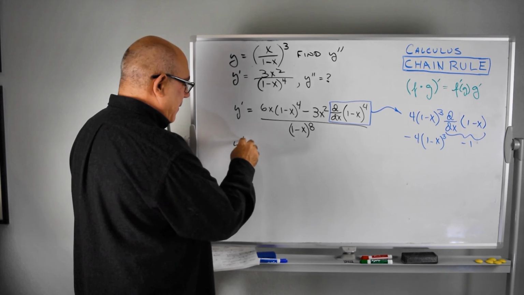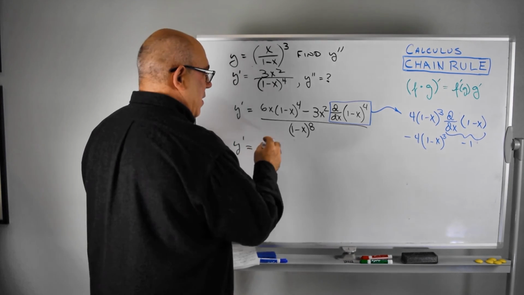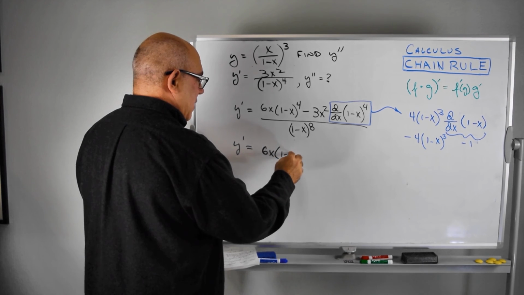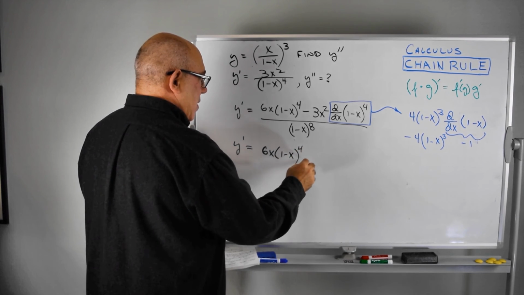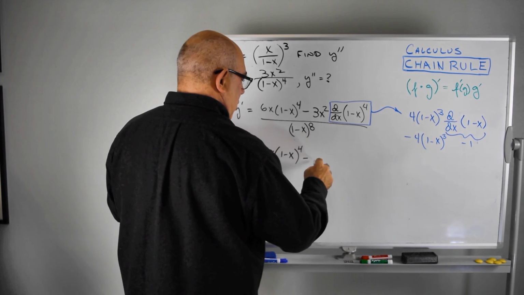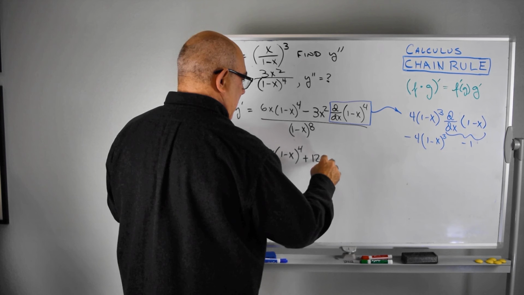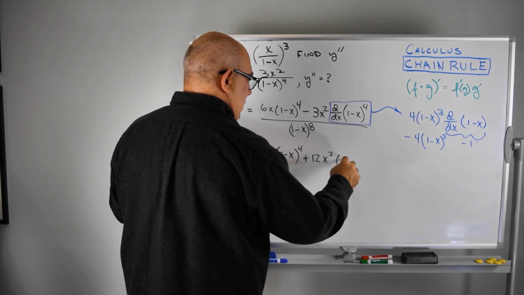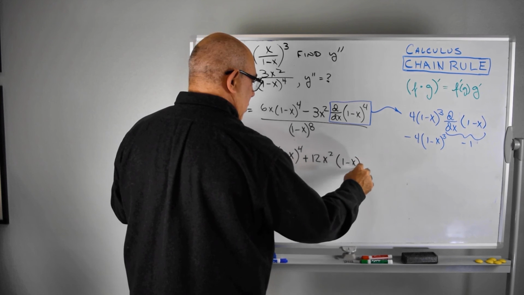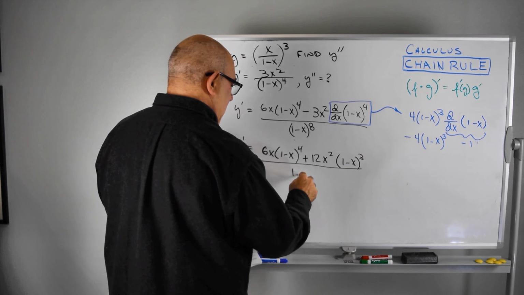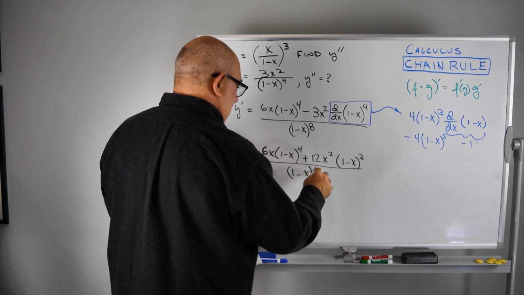So y prime is going to equal 6x times 1 minus x to the 4th plus 12x squared times 1 minus x cubed, all over 1 minus x to the 8th.